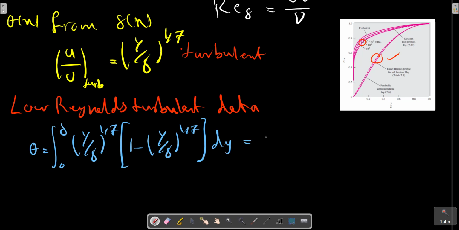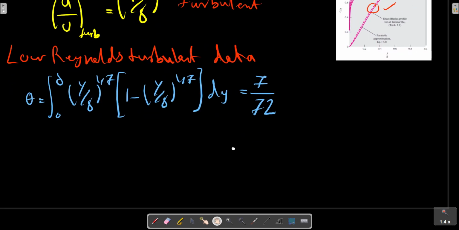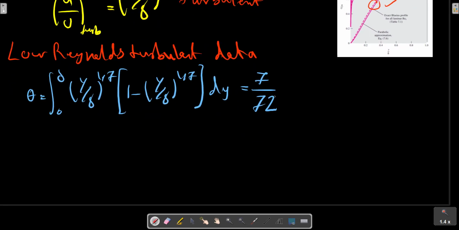We can calculate the momentum thickness as a function of the boundary layer displacement thickness, or as another function.